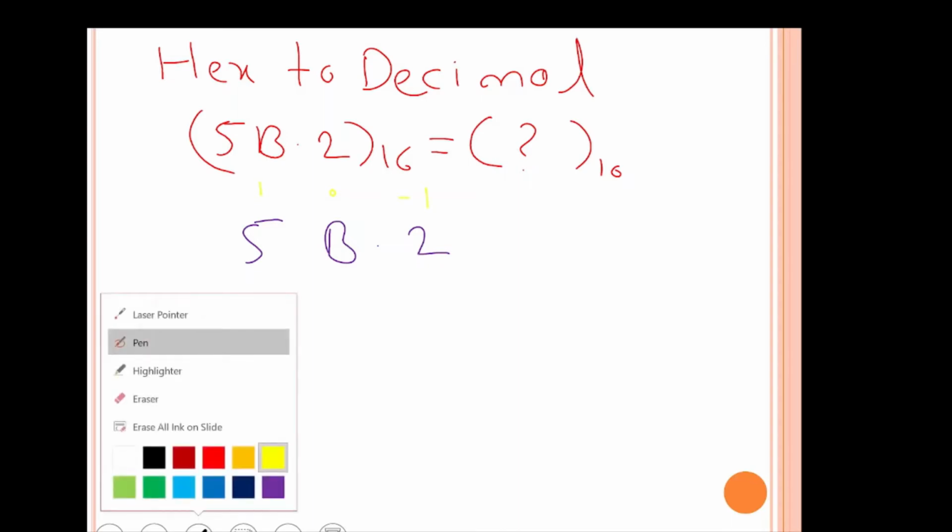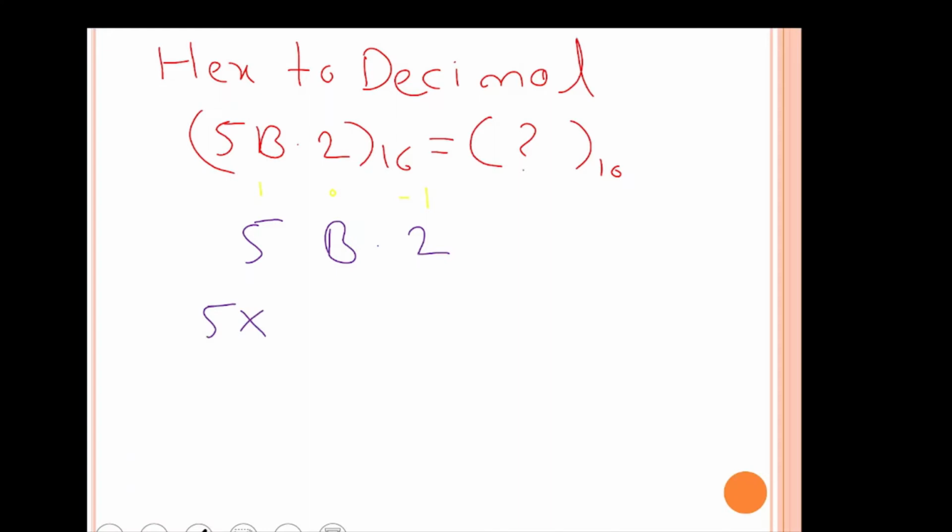Now according to that, write down: 5 into 16 raised to 1 plus b, which means 11, right? 11 into 16 raised to 0 plus 2 into 16 raised to minus 1. Then calculate the products and add them together.